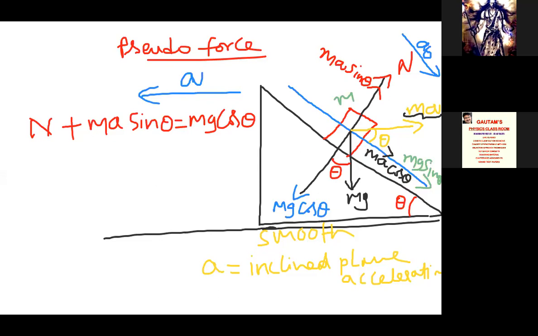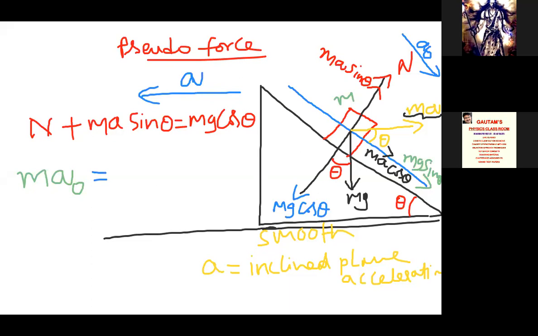Now the mass of the block into acceleration of the block, I am taking ma naught. Ma naught is not the pseudo force; ma is the pseudo force. Ma naught means mass of the block into acceleration of the block. Acceleration of the block is in which direction? Downward, because the block is coming down. So I can write the sum of the forces, and there is no opposing force.